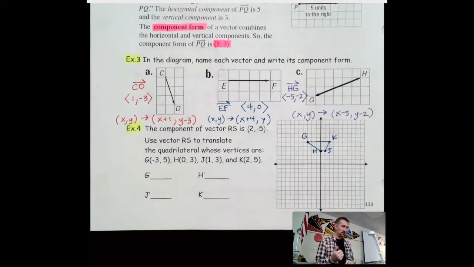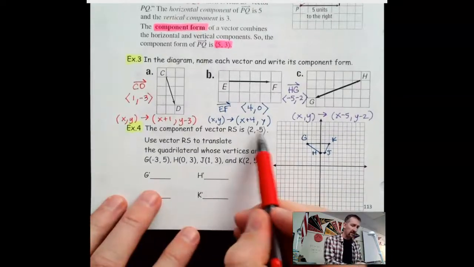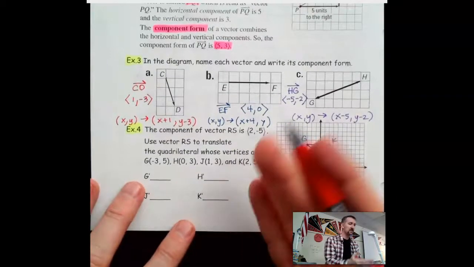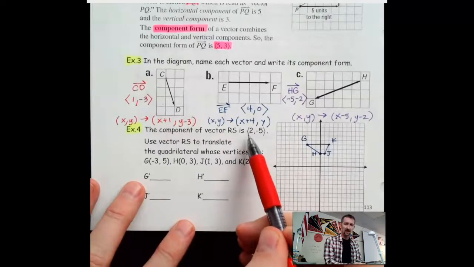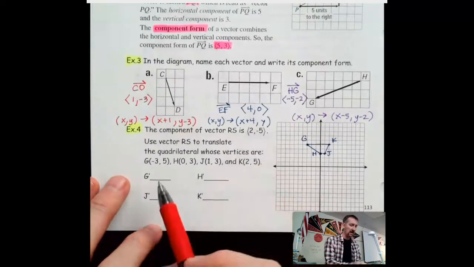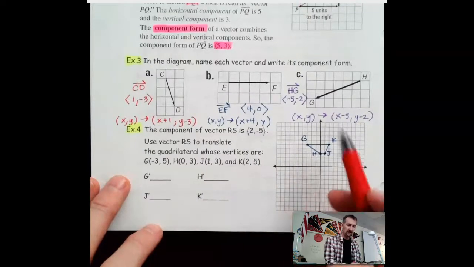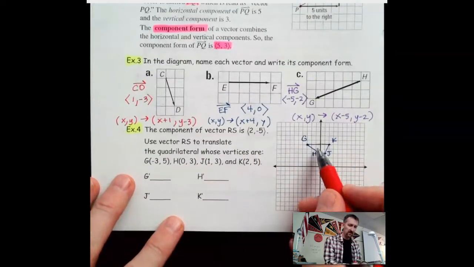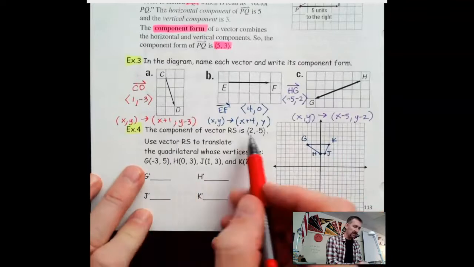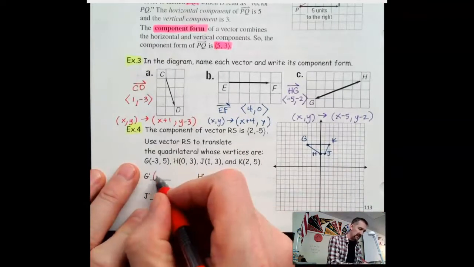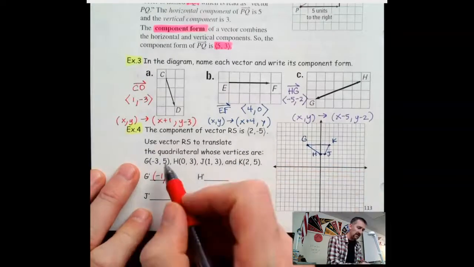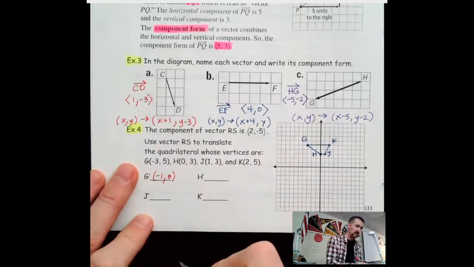Okay, so now our component vector is 2, negative 5. So this is very similar to example 2. What this is telling us is add 2 to X and subtract 5 from Y. So we could do these things on here. We could move it 2 and down 5. But I would just rather add it to the points. So add 2 to that, that's going to be negative 1, and then subtract 5 from that, that's going to be 0.